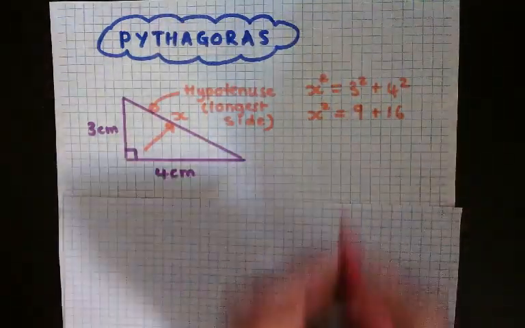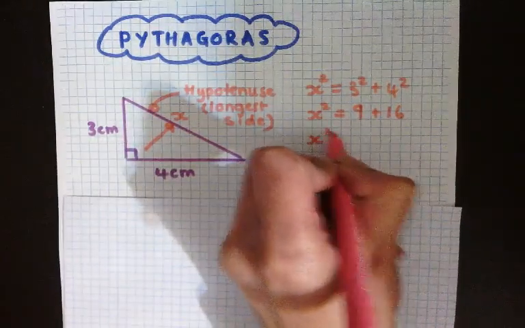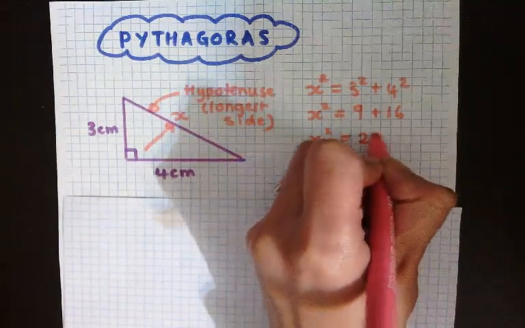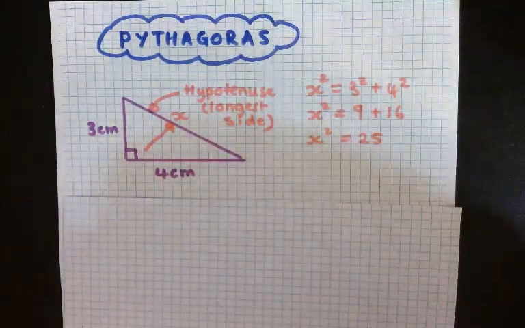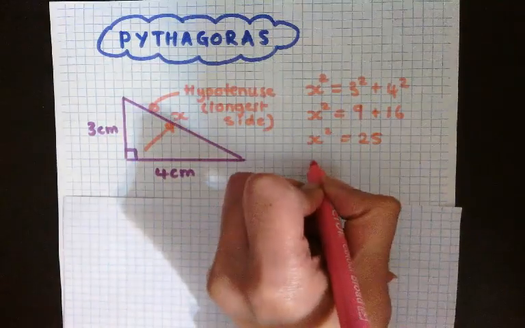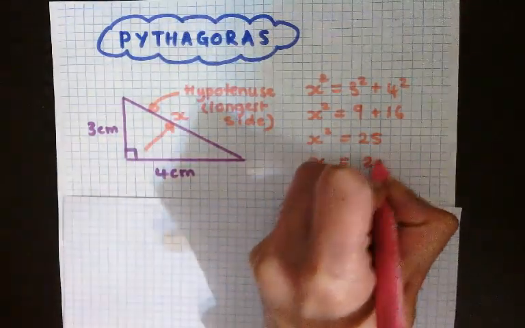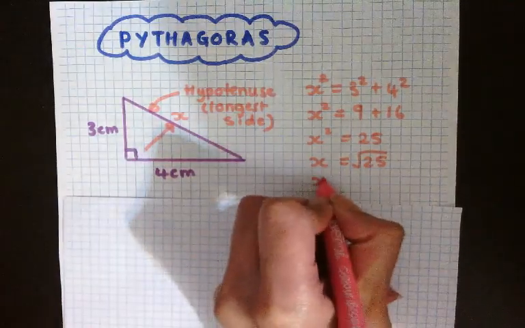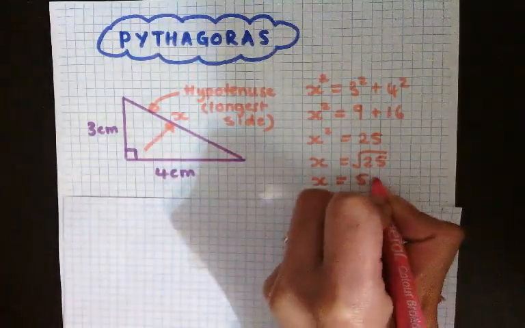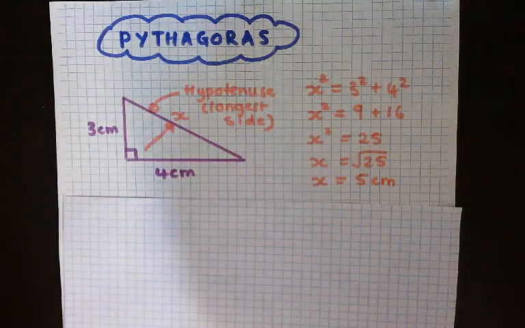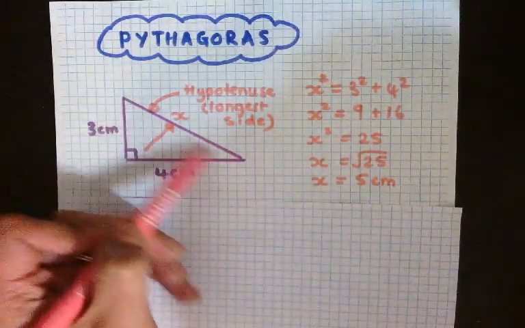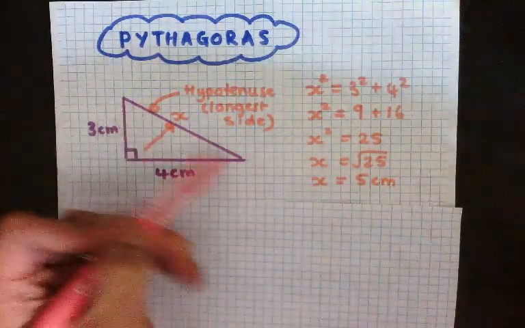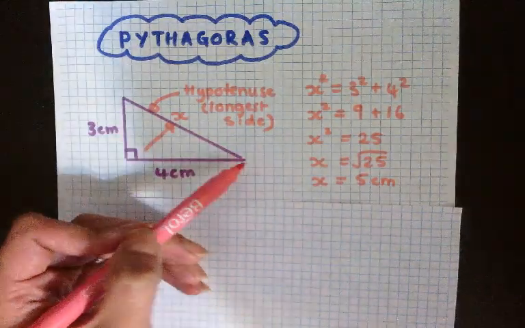Adding those together you get 25. And then to get x by itself, I'm going to square root both sides. And the square root of 25 is 5. And the units is centimetres. So this length is 5 centimetres, and that's the longest side on the right angle triangle.